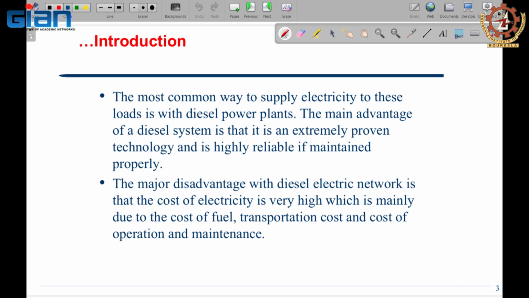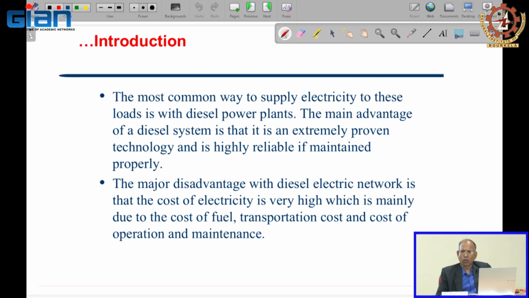You have the diesel generator, you have the diesel supply, and the diesel generator will work well if it is well maintained. There are not many problems as far as electricity generation from the diesel generator is concerned. However, there are many issues with it.